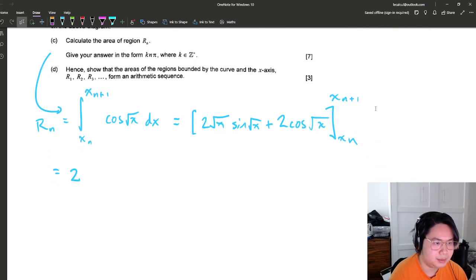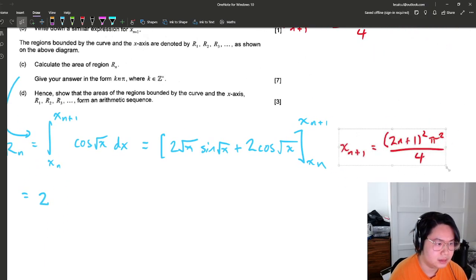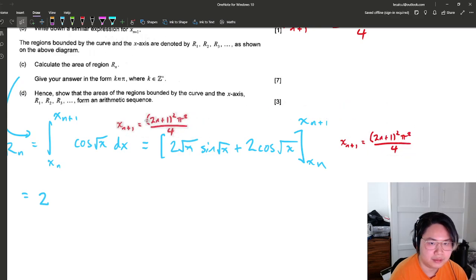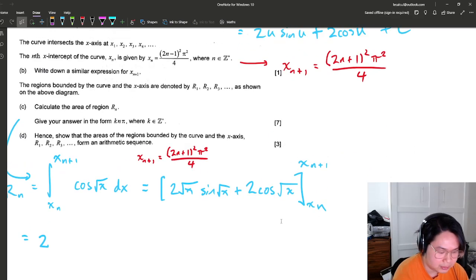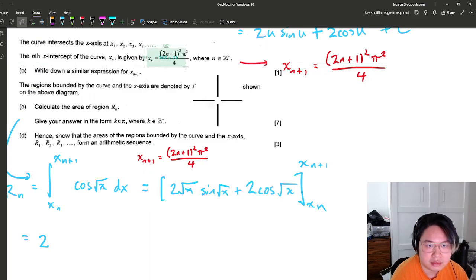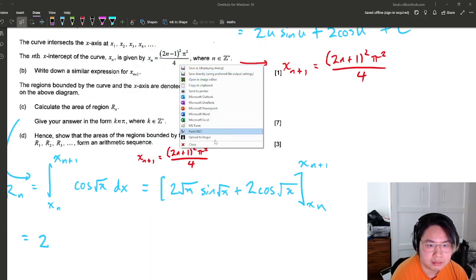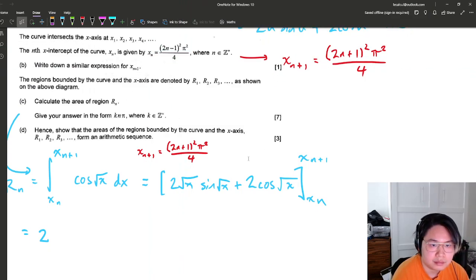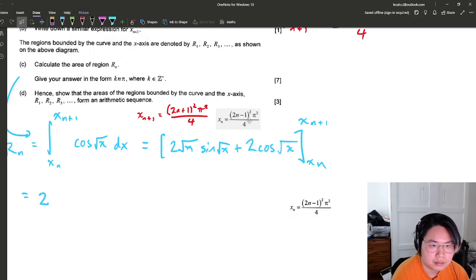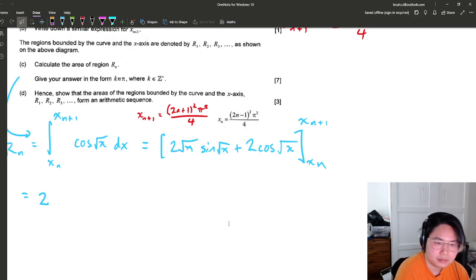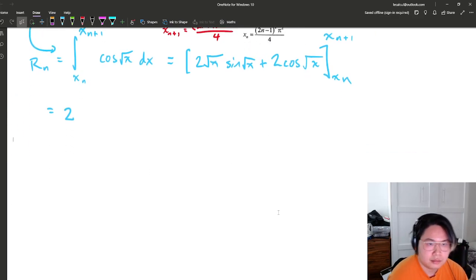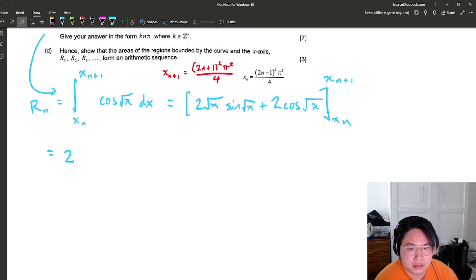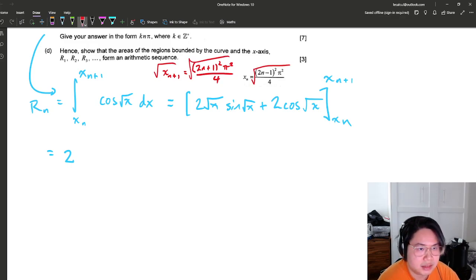Let me just copy paste this so I don't keep scrolling around. Okay, for reference, that's this one, and then I will also need xn, which they gave me here. So I need to square root both of these things.